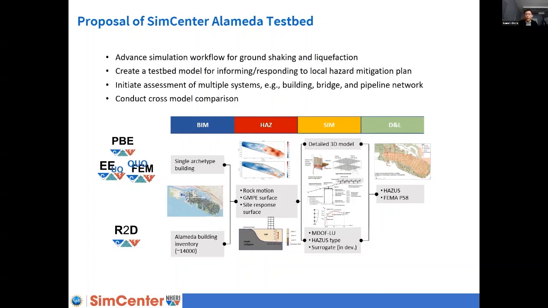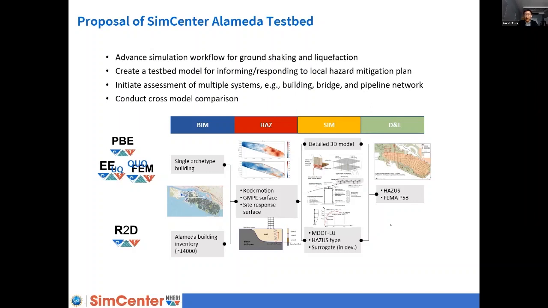We would then initiate assessment of multiple systems, like buildings, bridges, and pipeline networks, which will go into the recovery analysis of this island as a model example. Featuring the different options created in the SimCenter software package, we can do some cross-model comparisons. For instance, at the hazard level, looking into different options, like the previous slide showed, comparing ground motion versus soil responses.